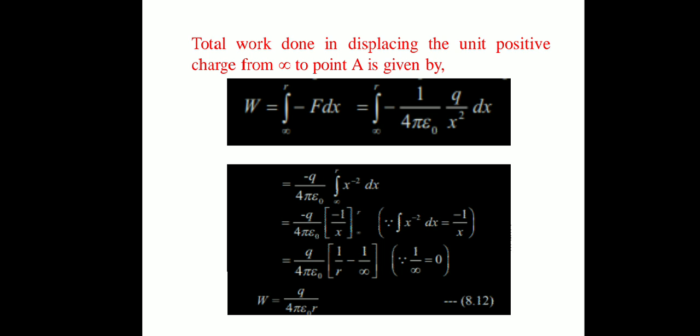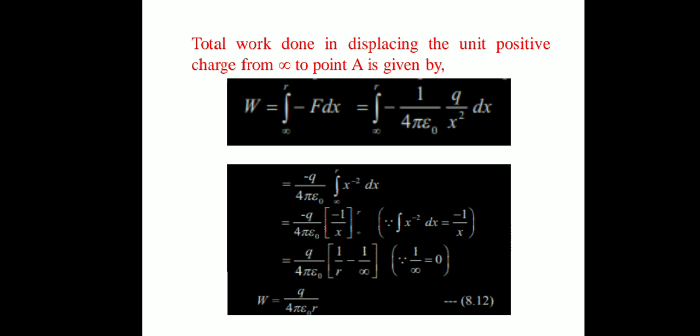Now let us calculate the total work done in displacing the unit positive charge from infinity to a point A. Now from point N we move the charge to the point A. So work done W is equal to the integration of minus F dx, where the limits of the integration run from infinity to small r.